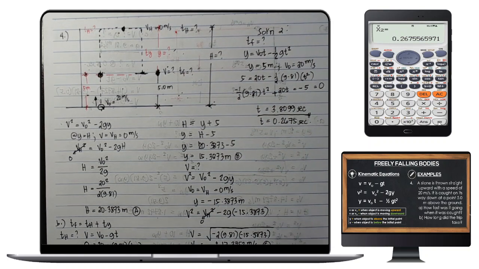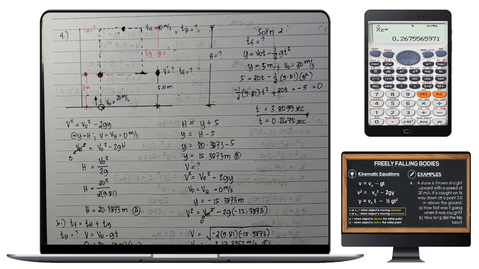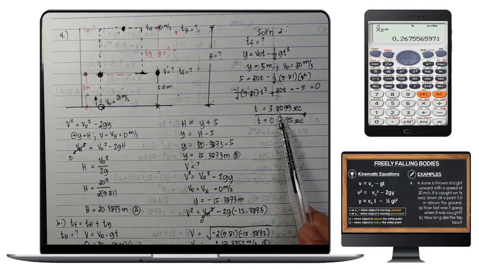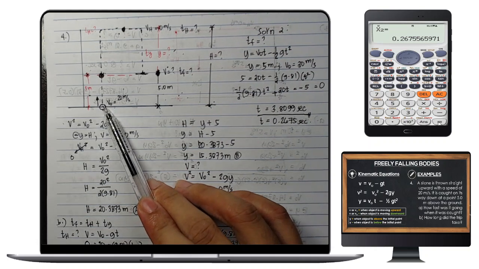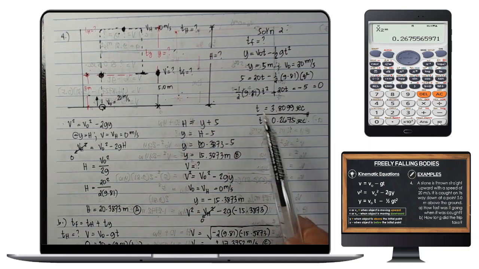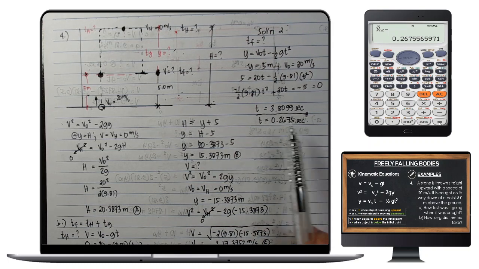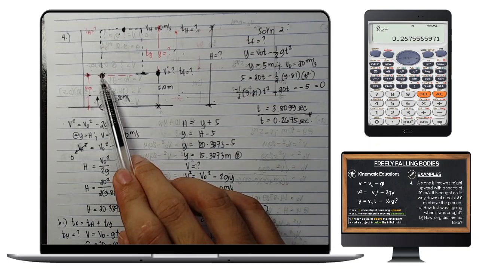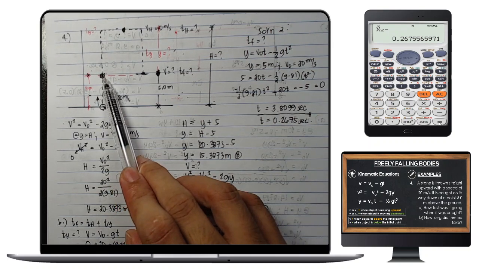Yung this 3.8099, yung mas malaki, since parehas positive yun na time yan, parehas tama yan. So, itong 3.8099 is from this point upon reaching the maximum height and on its way down. Whereas, this 0.2675 is from this point hanggang dun lang sa part na ito. Okay, dun sa unang 5-meter mark.